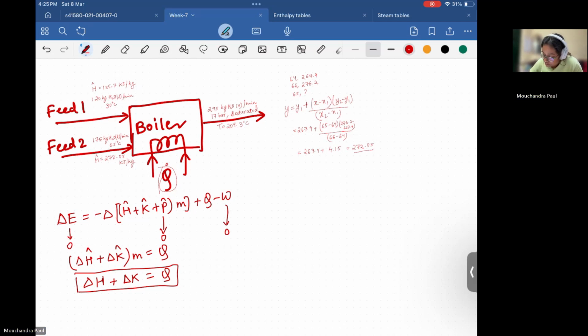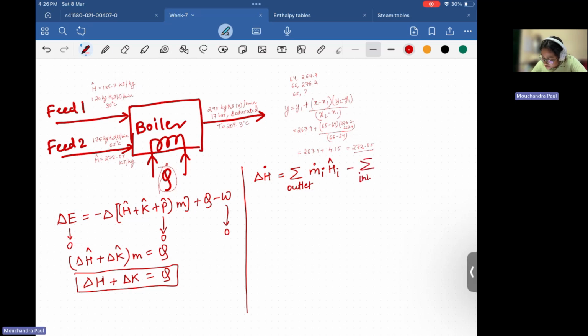Okay. So let's first calculate the value of delta H. We are adding a dot in order to represent the time dependency. All right. That is enthalpy per unit time. It is given as net outlet minus inlet.